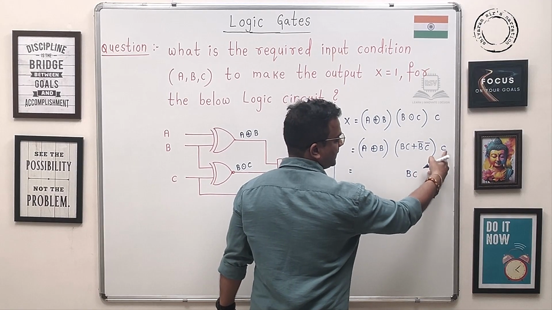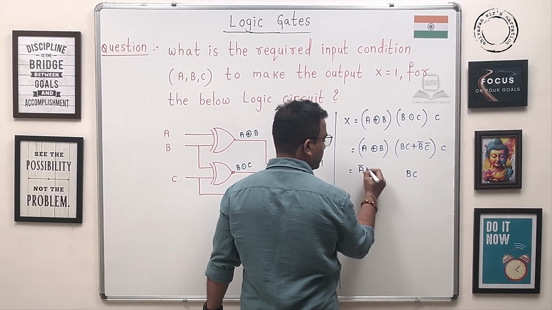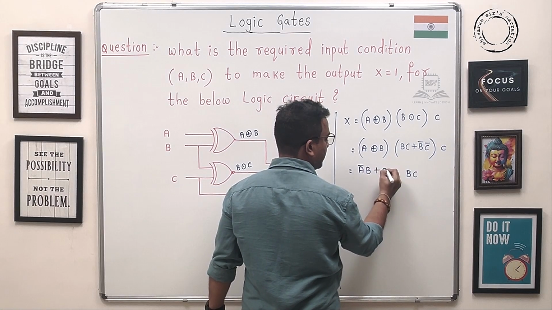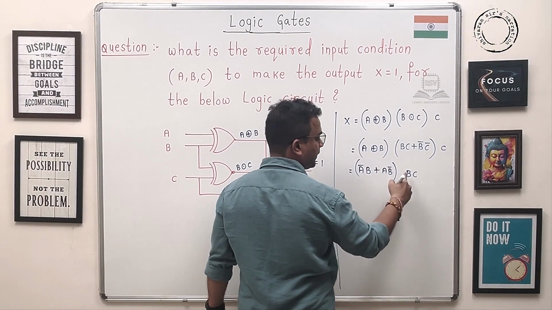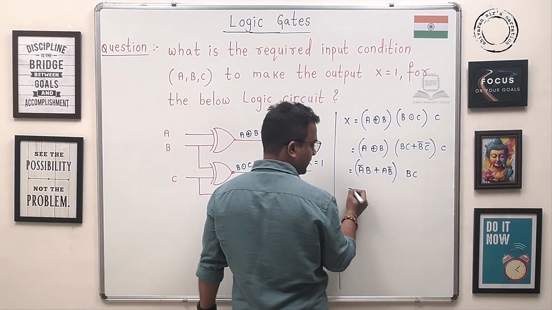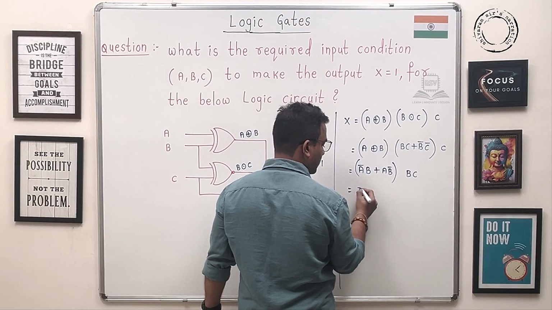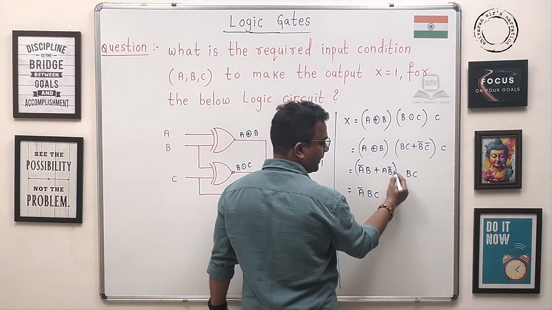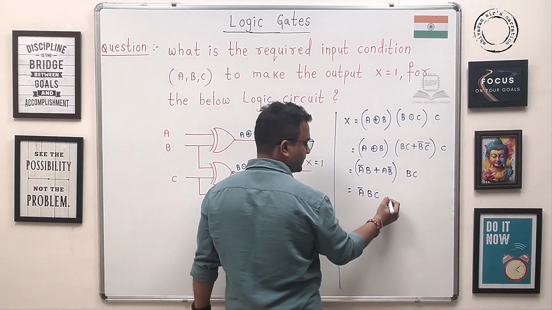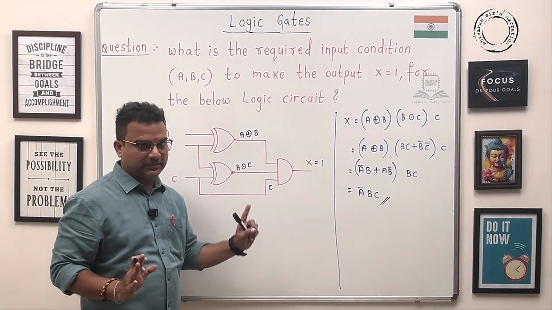C bar into C, 0. Then it is A bar B plus A B bar, the XOR output expression, into BC. Hence again here guys, A bar BC, A bar BC. Again, B into B bar, 0. Then it is A bar BC. So the output expression is A bar BC.